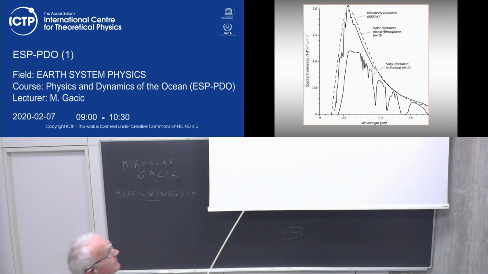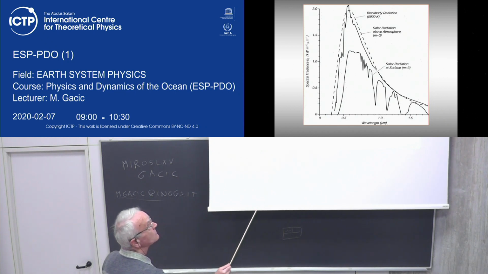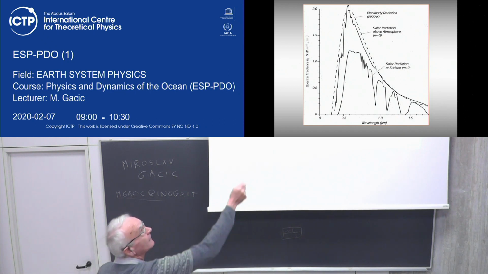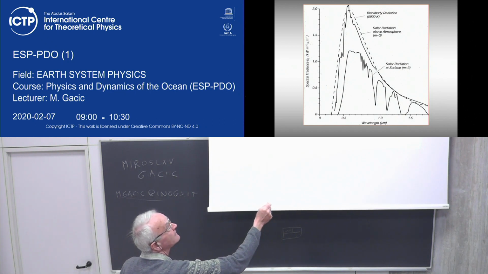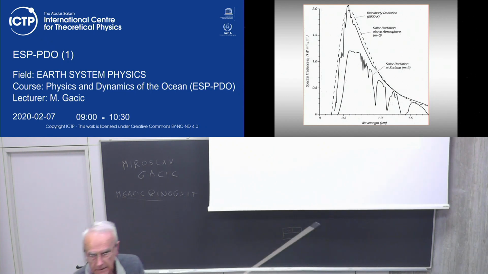But obviously, you see that there are a number of parts where the solar radiation is smaller than the black body. Some parts where it's higher, like here, or here is smaller, here is higher. So you know, it depends. This is the difference between theory and experiment. Okay.